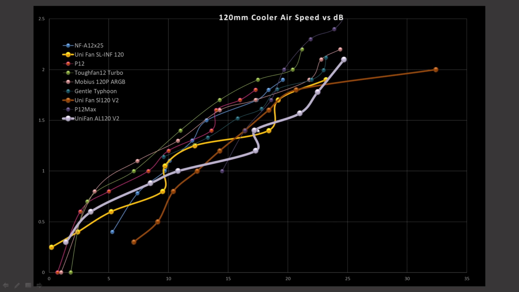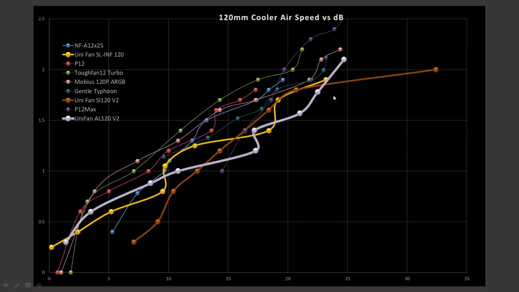So at 70% PWM fan signal is where it hits its peak efficiency. So it's like 70% and 100% are its kind of two good points. But other than that, it's a little bit unimpressive overall. The Infinity is more in line with other fans, but it's got these weird joggles in it.